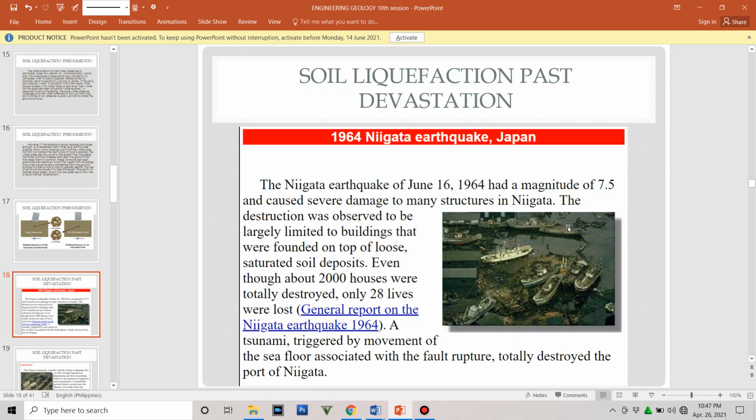Okay. So imagine, 2,000 houses were totally destroyed. Ang kagandahan, 28 lang ang namatay. Okay. So tsunami triggered by the movement of the seafloor associated with fault rupture totally destroyed the port of Niigata. So as in the picture.